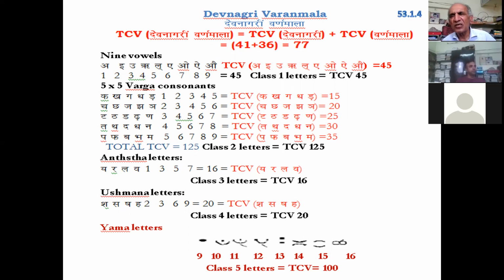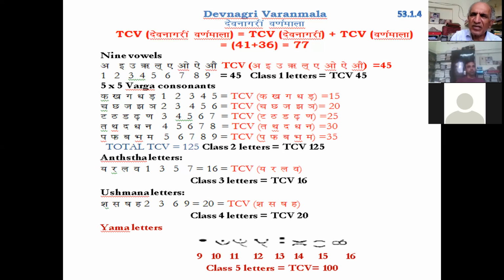As such, for proper initiation within the Vedic scriptures domain, one is to initiate oneself with the Devanagari alphabet itself. Here on the screen, as fourth sheet, is the depiction of the Devanagari alphabet letters along with their placement values.